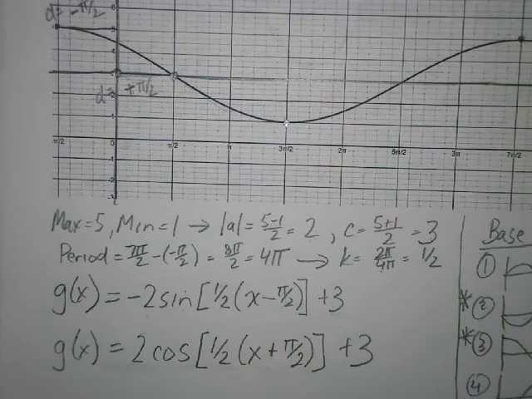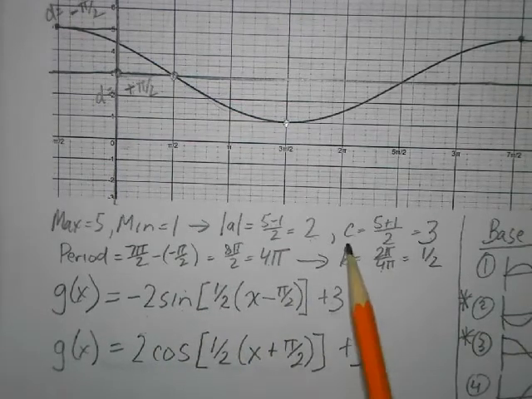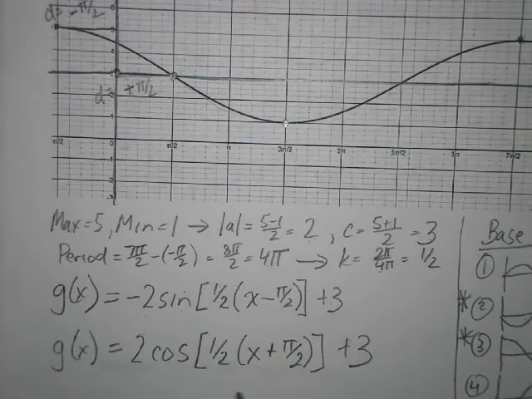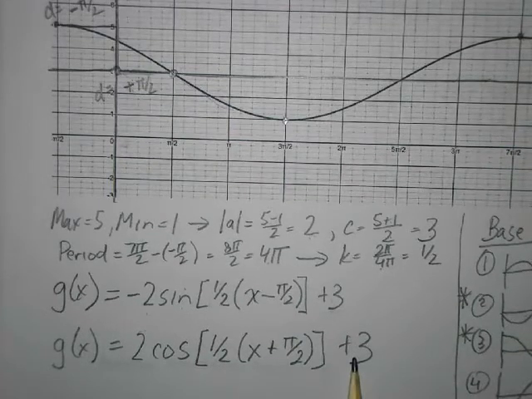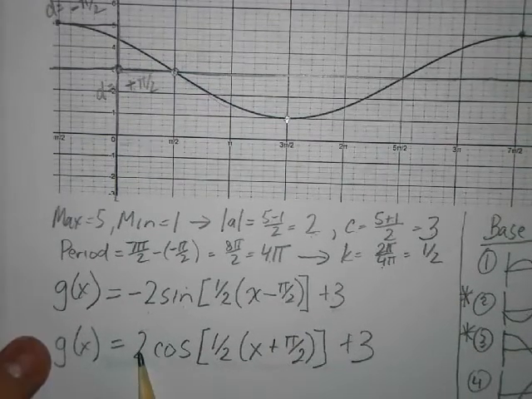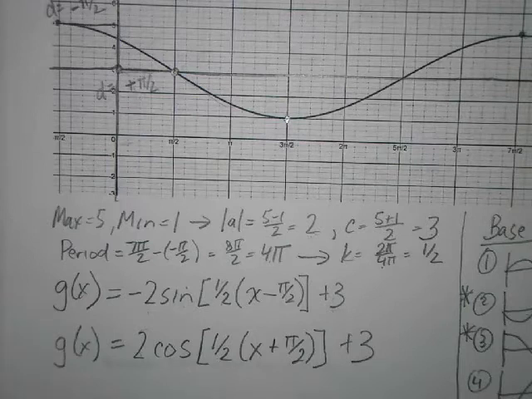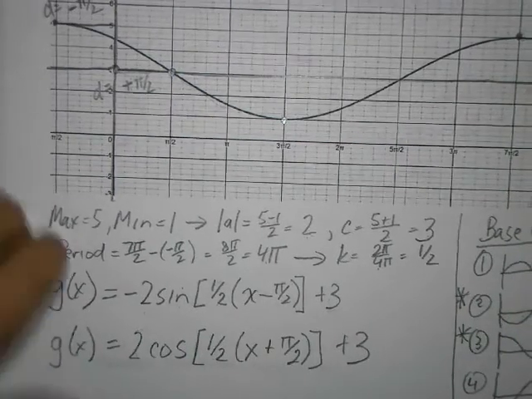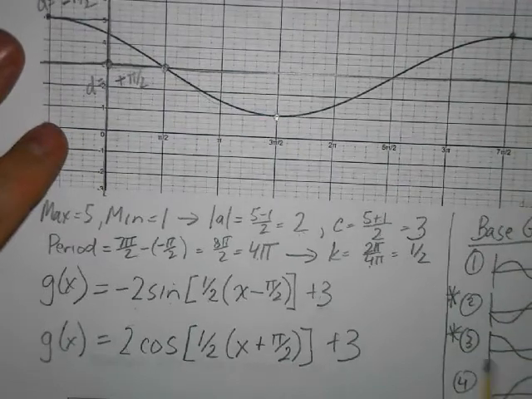Okay, let's go to the next graph. We don't have to redo all this. We know the k value, the c value, and the absolute value of a, the amplitude is the same. We just have to pick, are we going to use cosine or negative cosine? We already talked about that.